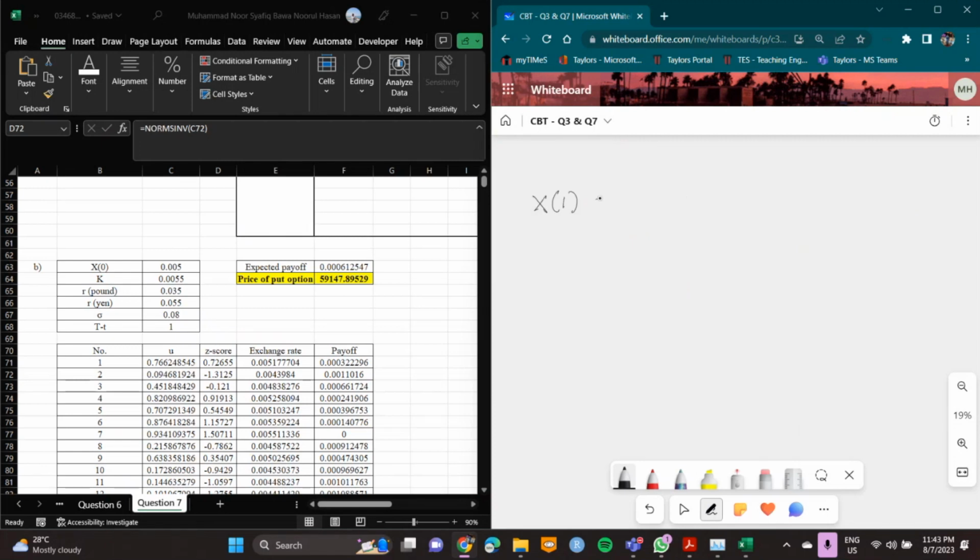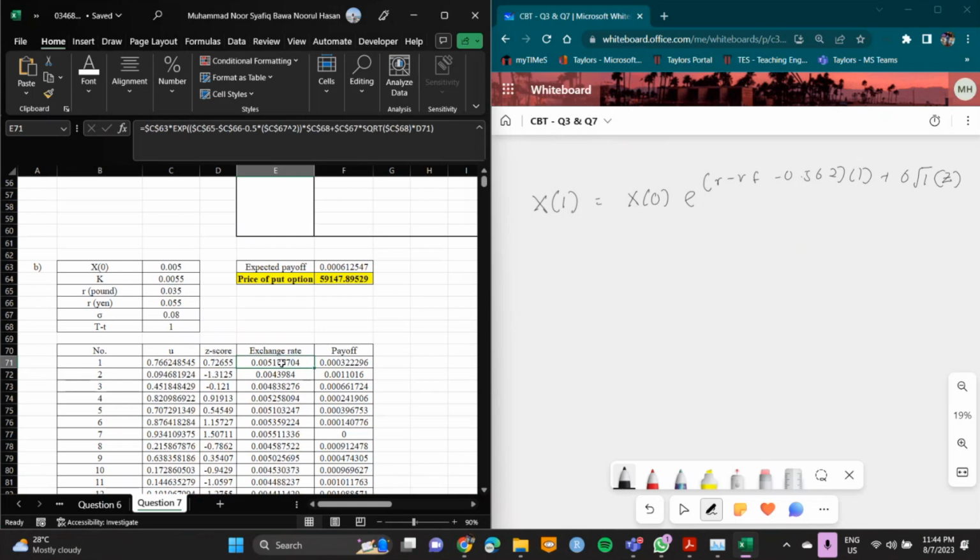So your x1 is equal to x0 e power of r minus rf minus 0.5 sigma squared times 1 plus sigma times the Z score that you find earlier. So you can use the Z score to find the exchange rate for all the 100,000 random numbers.